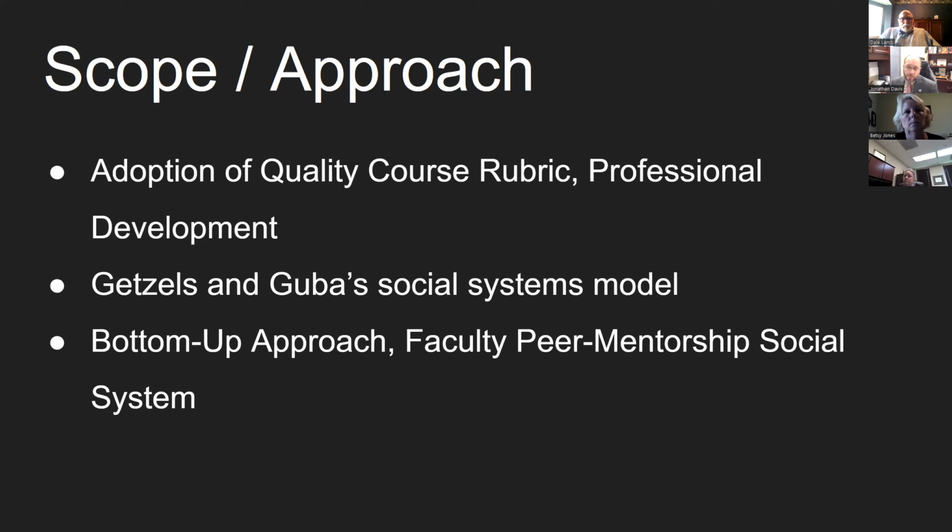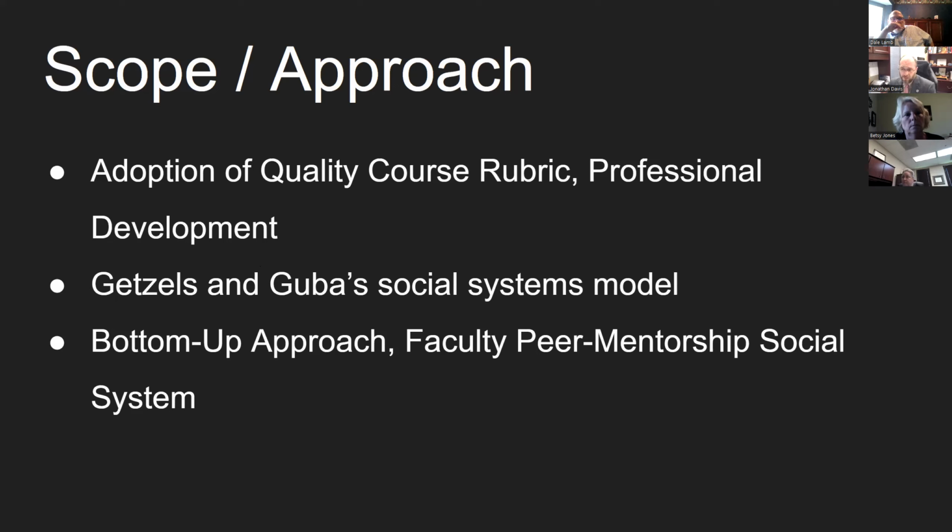A faculty peer mentorship model develops a social system, and an understanding of the social systems in an educational institution, I think, is critical to the success of any big professional development endeavor that involves all faculty.